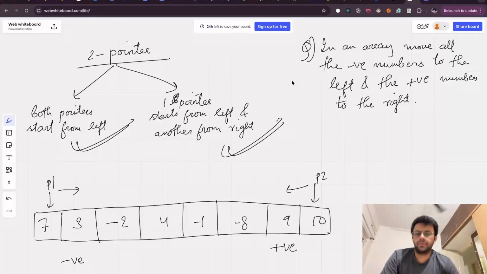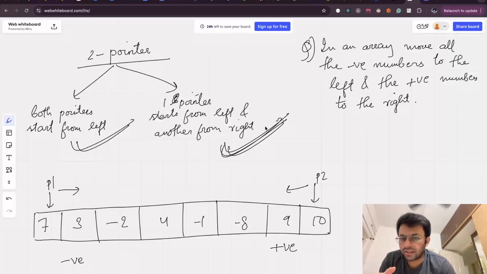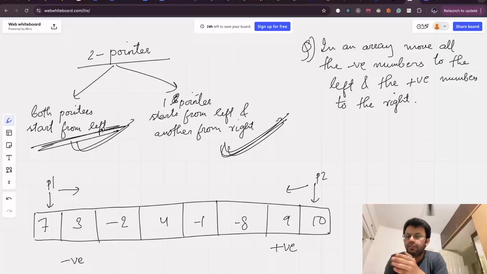We solved it using the two-pointer method where one pointer was starting from the first and one from the end. But today we'll be solving it using this method, where both of them will be starting from the first.